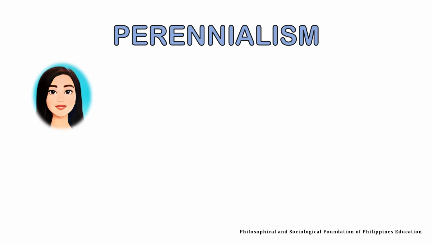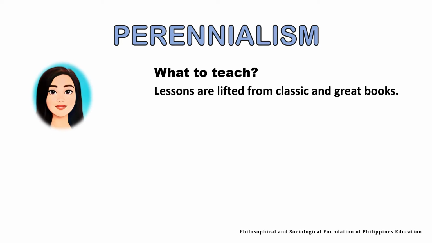The perennialist curriculum is a universal one. So, what does the perennialist teacher teach? They teach lessons which are lifted from classic and great books, for the perennialists believe the past ideas are relevant.